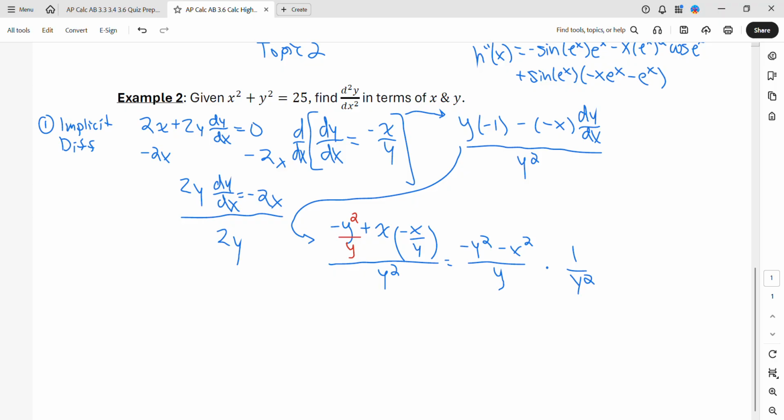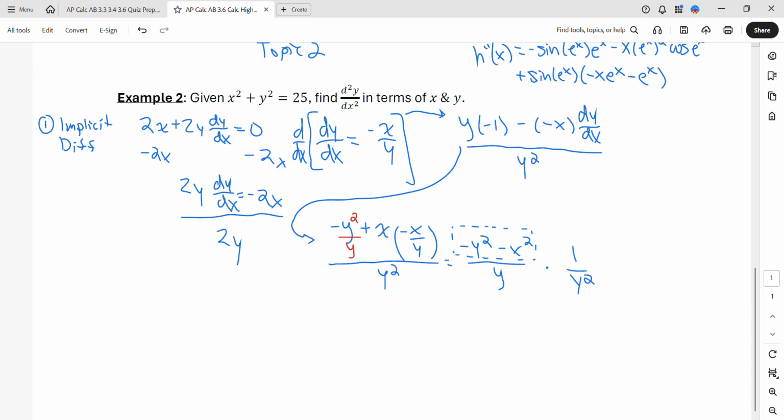Where do we see something that looks like this, negative y squared minus x squared, somewhere else in the problem? That equals negative 25.